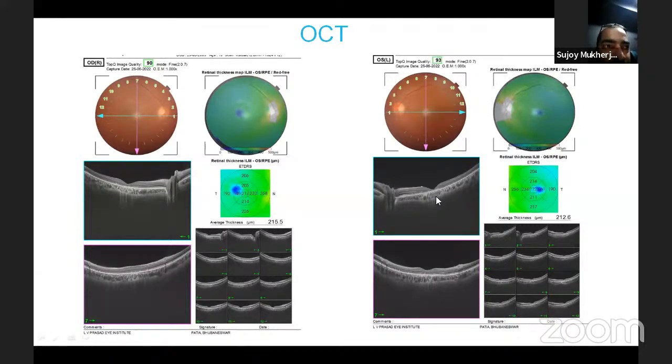But there are multiple features: if we zoom that image, we can see the absence of the photoreceptor layer and absence of the ellipsoid layer. The RPE is a bit atrophied, hence we can see much of the choroidal layers. That is the choroidal reflectivity just below the RPE layer, at the very hyperreflective band.